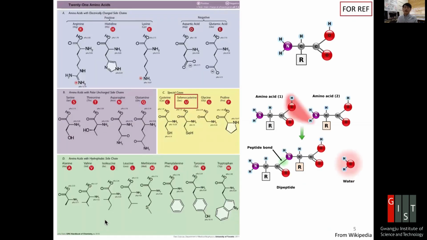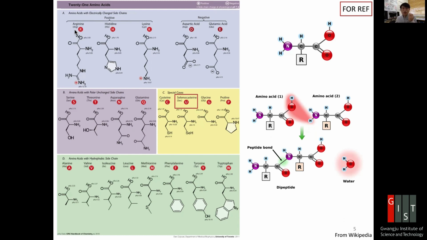To give you more of an idea, I put here amino acid details, so that you know what amino acids are. Amino acids with electrically charged side chains. An example is positively charged. So these are the side chains. And this is arginine.